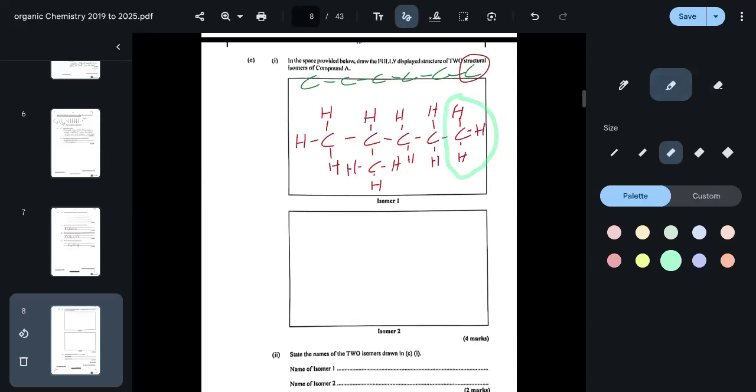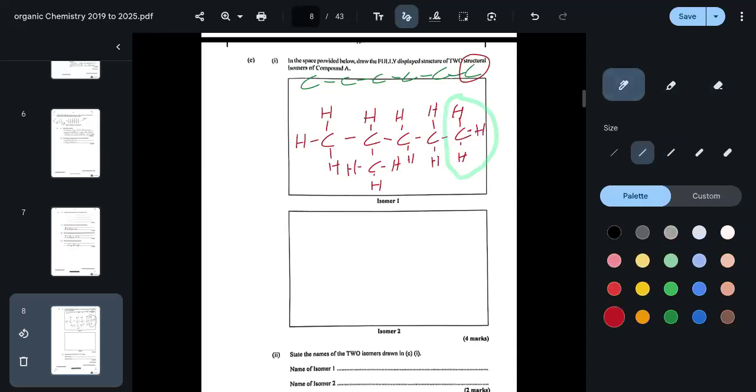And so my new isomer would have four carbons, and I can put one here and one here. By the way, C6H14, I think it has 5 isomers. So all we need is 2.